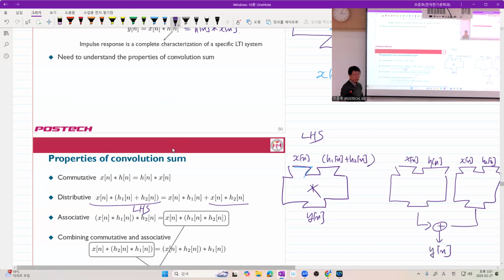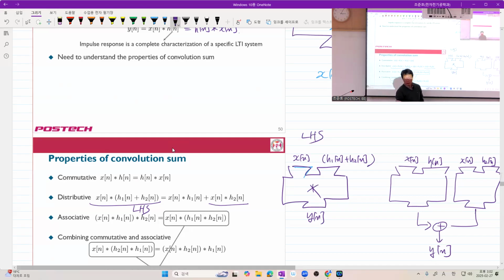Got it? So this use of a single convolution sum can be implemented by using two convolution sums.